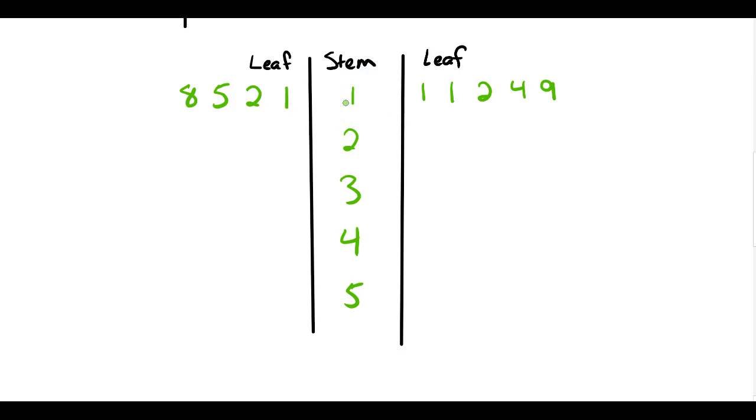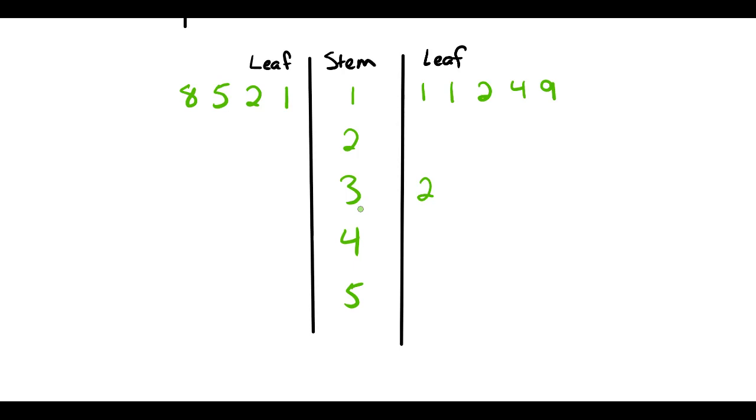Now, one thing I didn't discuss before because we didn't have this occur is if I have these 11, 12, 14, 19, and then I skip down and don't have anything until, say, 32, I can't just skip the stem of 2. I still have to put that 2 in there. My stems have to go in order from my first stem to my last stem without skipping anything.